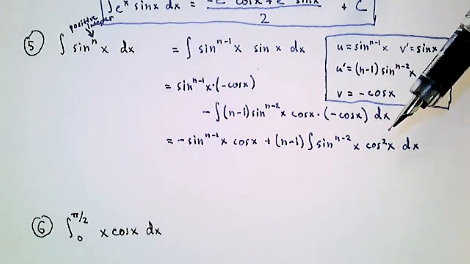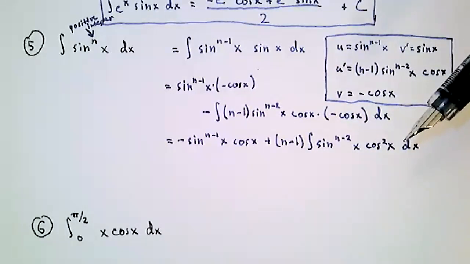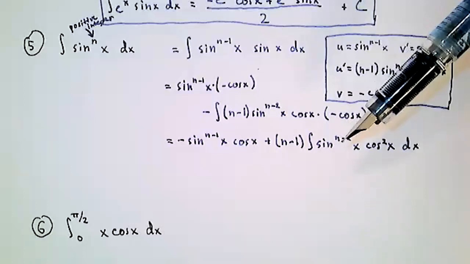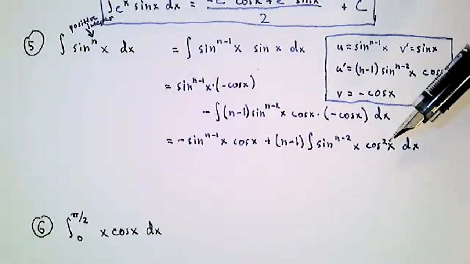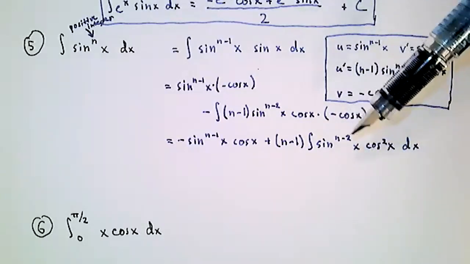Would you have to integrate by parts again? If we integrated by parts, we would get stuck in a loop, because when you take integrals of sines, you get cosines, and when you take derivatives of cosines, you get sines as well. So we'll get stuck in a loop if we try to do that.